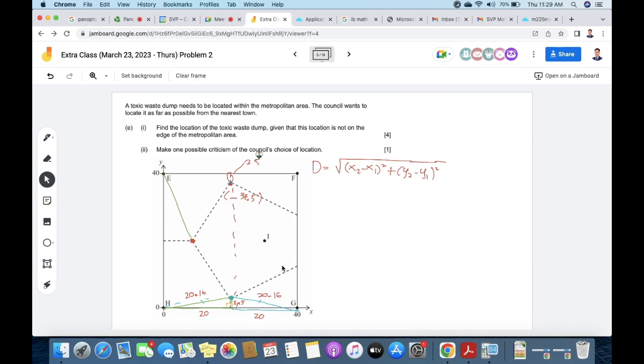In other words, if I create a right triangle here to find the distance, this must be equal to this as well, 20.16. Is it clear so far? Okay. So we are now left to check the other vertex.